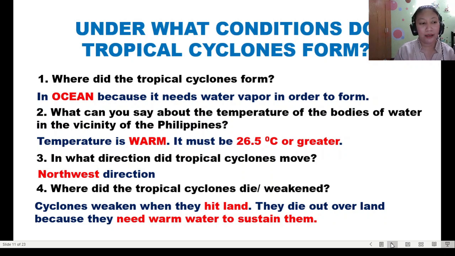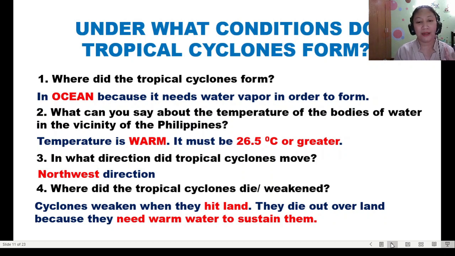Pero kapag nandun sila sa water, makikita nyo sa weather satellite, pag finorcast ng Pag-asa, yung mata ng bagyo, mas lumalaki na lumalaki. Pero once na tumatama na sa lupa, doon na sila mas nanghihina. Tapos sumasabog na yung mga rain bands nila. And then, pag tumama sa lupa ang isang bagyo, doon lang nagbibigay ng public storm warning signal.